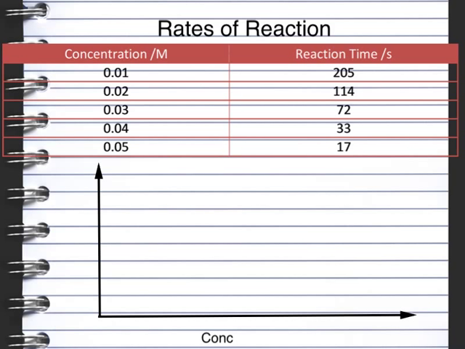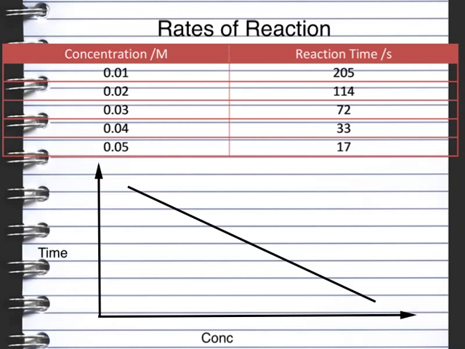Now anything that we measure would then go along the side. Now as the concentration increases, the time for the reaction gets less, so we would have a graph that looks like this.